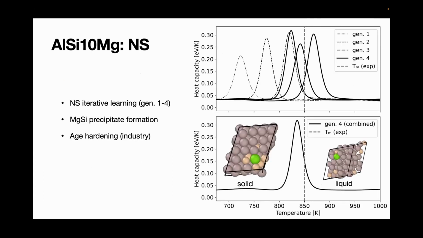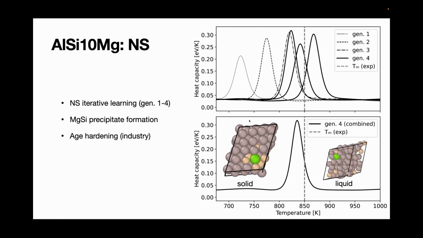Now we're going to look at a few more alloys I've done through the PhD. Here we added some magnesium to this aluminium silicon 10, and we first just put some magnesium in and got some configurations which didn't really look very physical. But then adding them to the database, running another run of nested sampling, and generating more data, we managed to converge again to the experimental melting temperature.